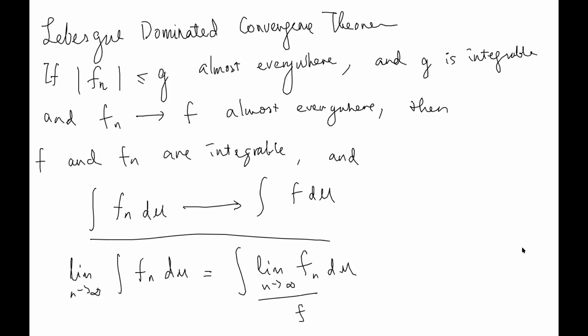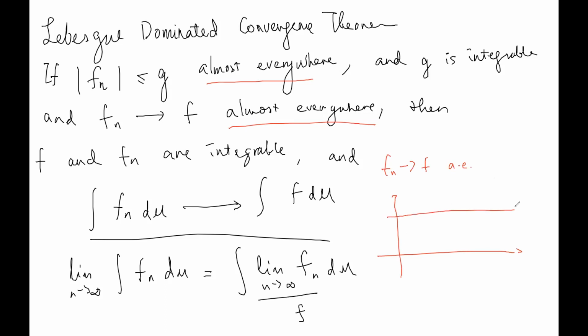Okay, and you have these conditions like almost everywhere. Almost everywhere simply means, like I gave an example on Tuesday, right? When you say Fn converges to F almost everywhere, it can be a situation like this.